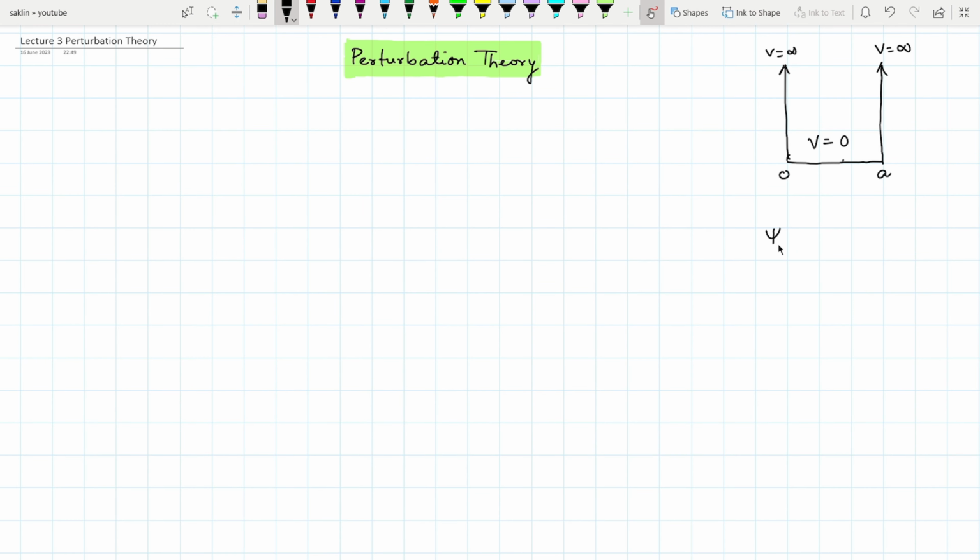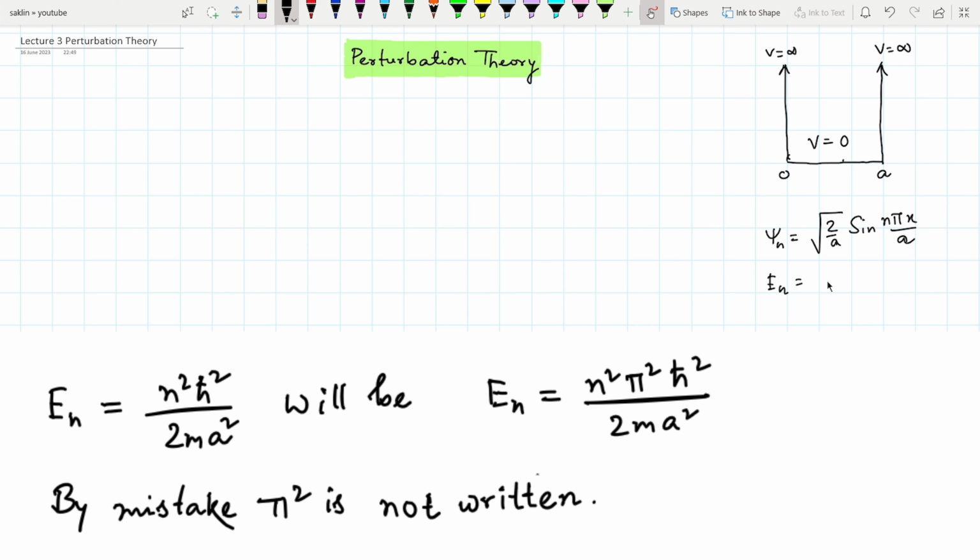So we know the eigenfunction is this, and the eigenvalue is this. I am considering you know the basics of quantum mechanics.